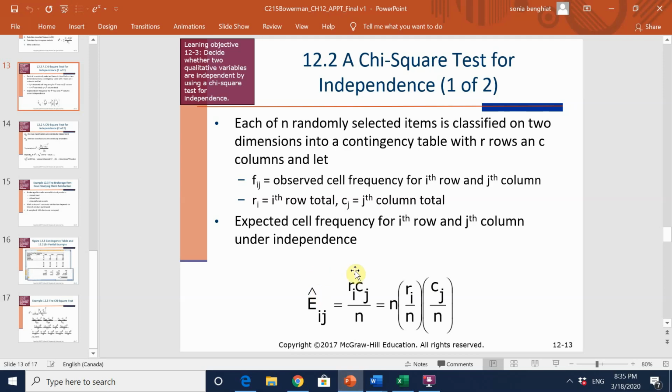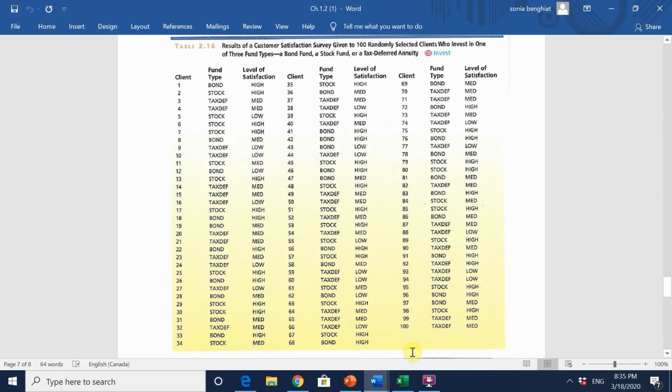Okay, so in this video, we're going to look at the second chi-square test, that is testing for independence of two variables. So suppose we had over here a random sample of 100 observations. In fact, these observations are clients at a bank.